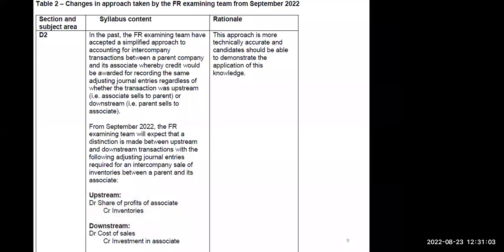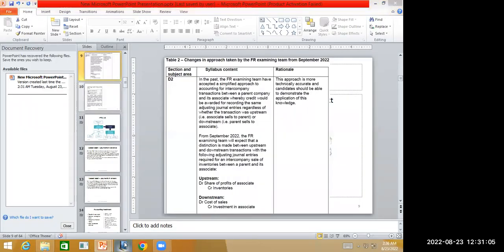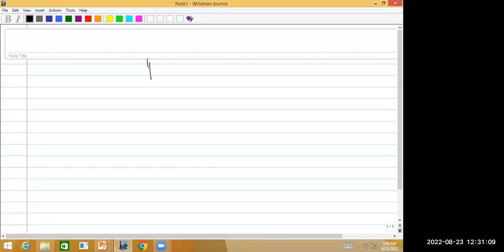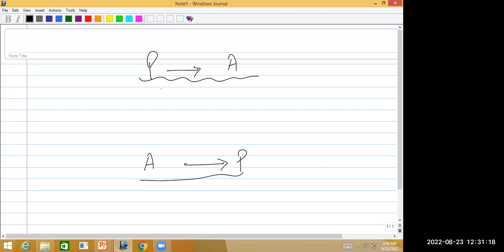Suppose the parent company is selling goods to the associate company, and the associate company is selling goods to the parent company. What accounting entry do we usually make in this case? Any idea?